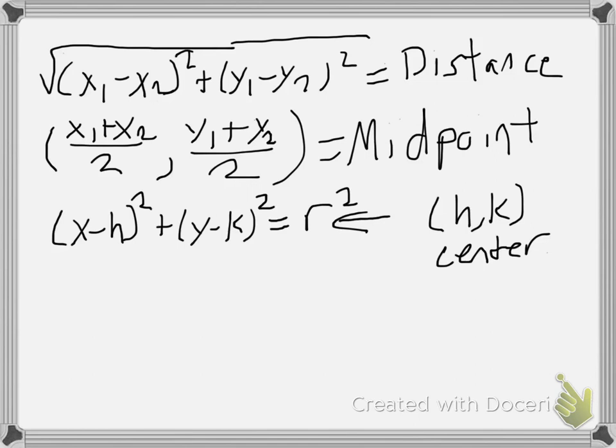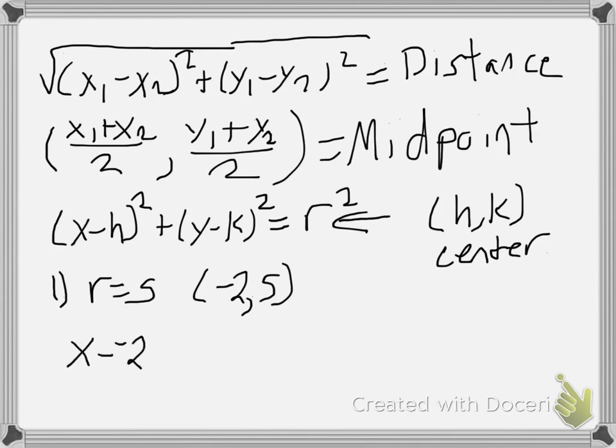So look at your notes. It says write the equation of the circle from the given information in standard form. This is question number 1. You have a radius equal to 5, and you're given the center is (-2, 5). Well, basically just plug everything into the formula. This is very straightforward. x minus -2, squared.